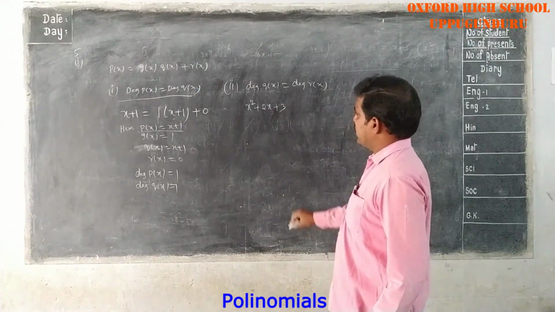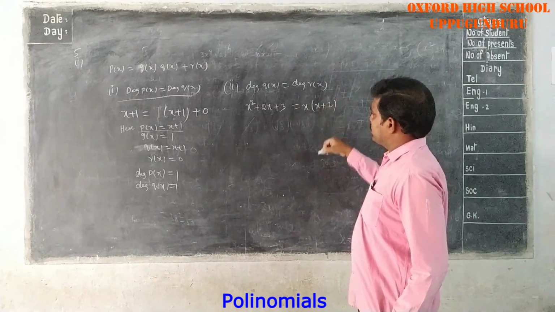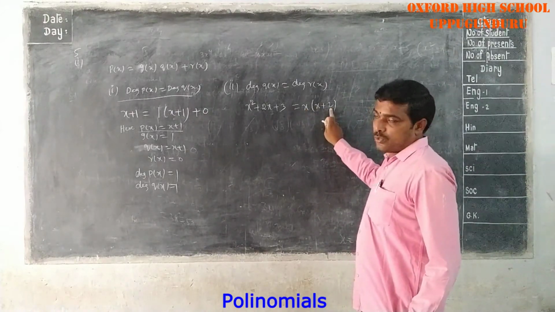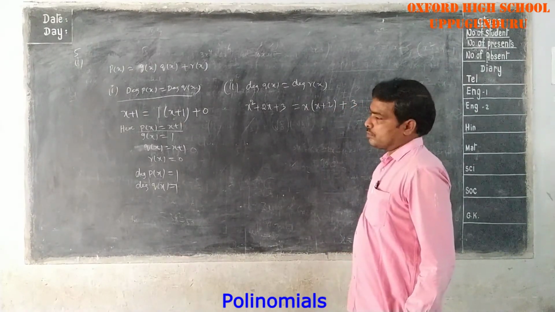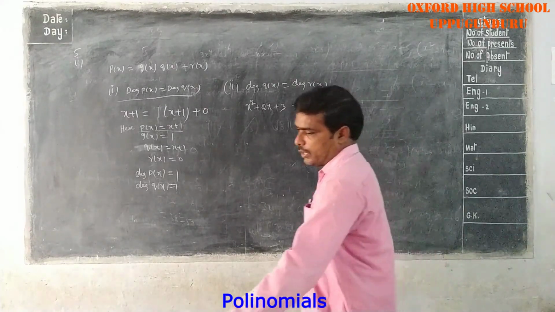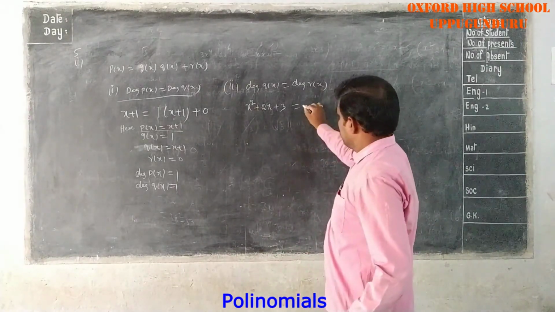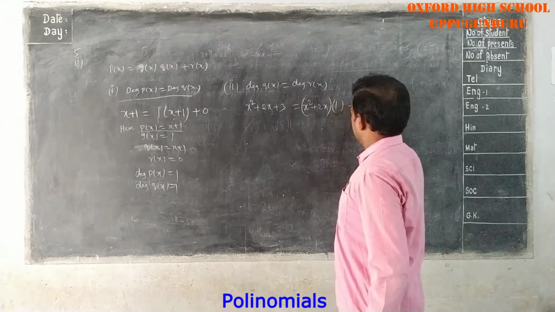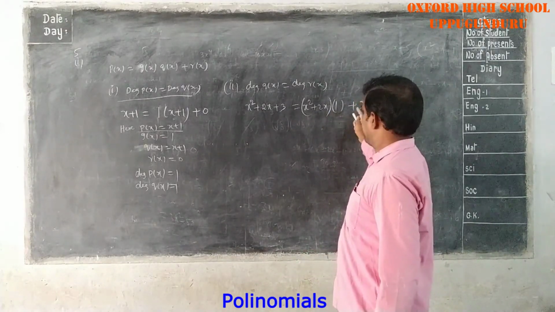So this you can take as x of x plus 2, x into x, x square, plus x into 2, 2x, plus 3. Otherwise, you can write like this: x square plus 2x into 1 plus 3. x square plus 2x into 1, x square plus 2x plus 3.